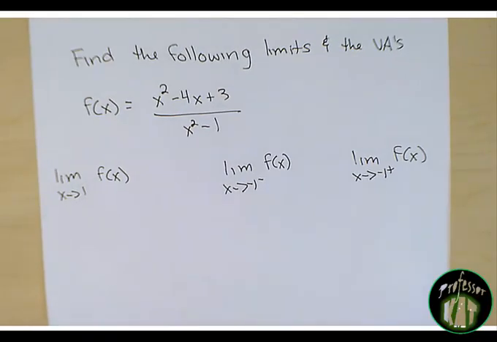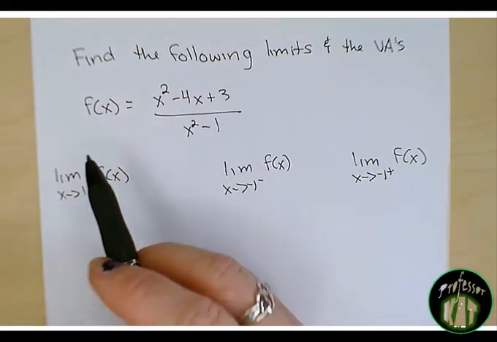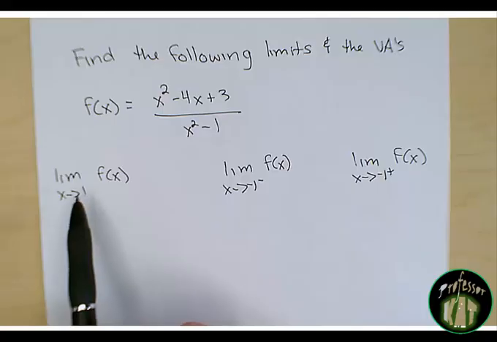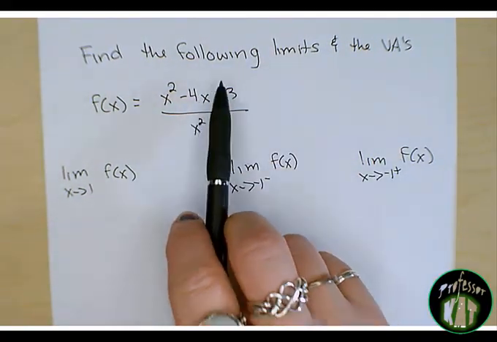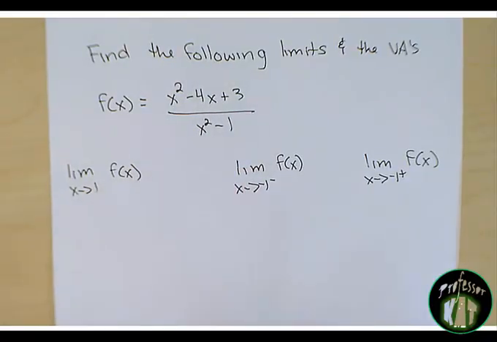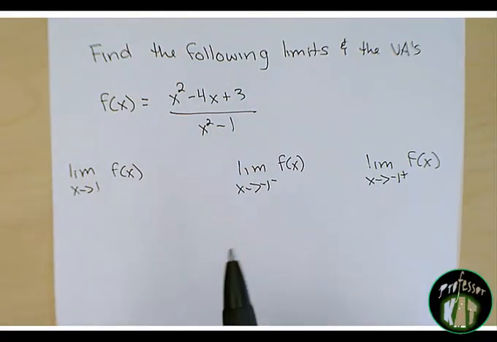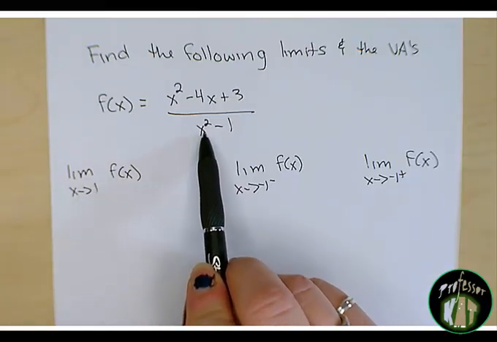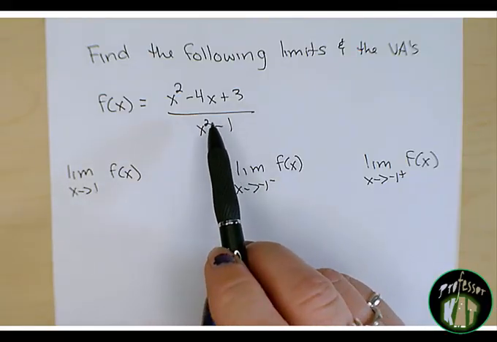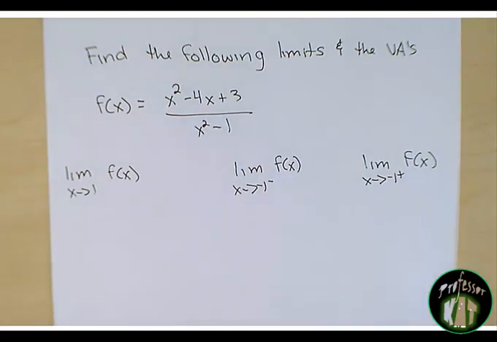When it comes to finding the limit of a function, we want to try plugging in the value that it approaches. This says x approaches 1, so we would try plugging in 1. I typically start with the denominator, and if we plug in 1, we get 1 squared minus 1, which is 1 minus 1, which is 0.